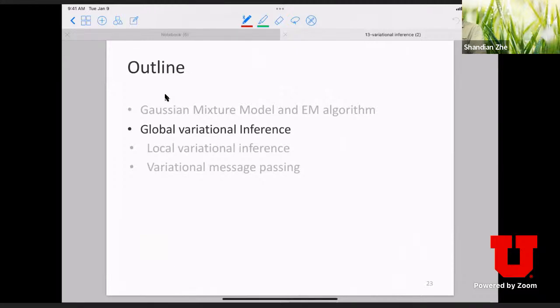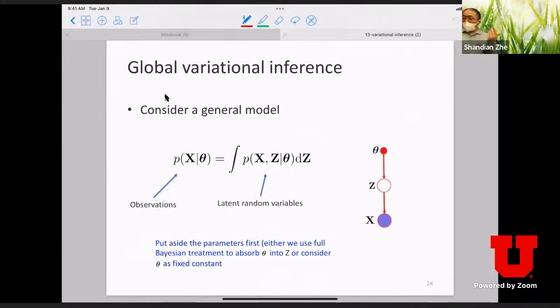So now let us switch to the variational inference framework. We're still going to use this general model. We assume some hyperparameters theta. We only care about point estimation. We do not seek a posterior distribution of that. We just want to give some point estimation.